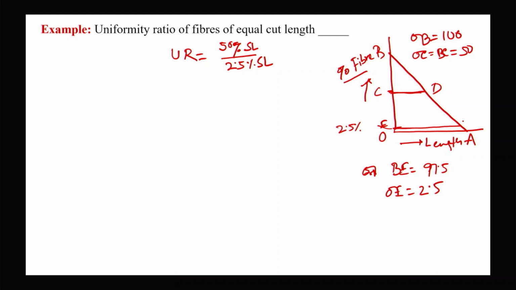So in that way, and EF, what is uniformity ratio? CD by EF. If we take this fraction, CD as per definition is 50% span length, and 2.5% span length is EF. So as per definition, CD by EF.